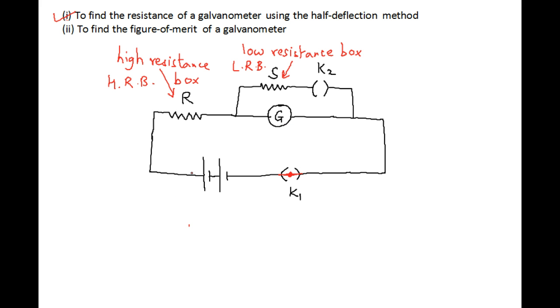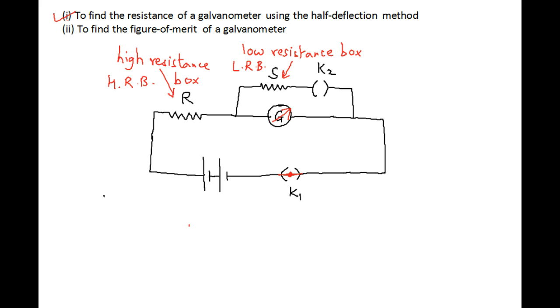You plug out some suitable value from the high resistance box, and then measure the deflection in the galvanometer. So that's the first part of the experiment: with K1 closed and K2 open, find the deflection in the galvanometer.